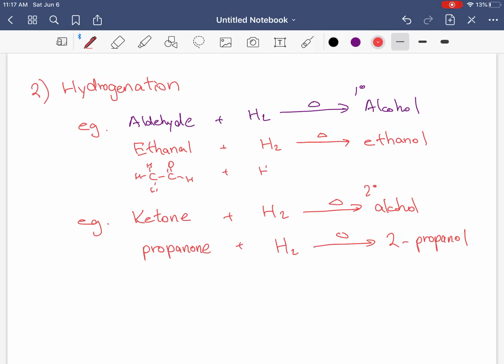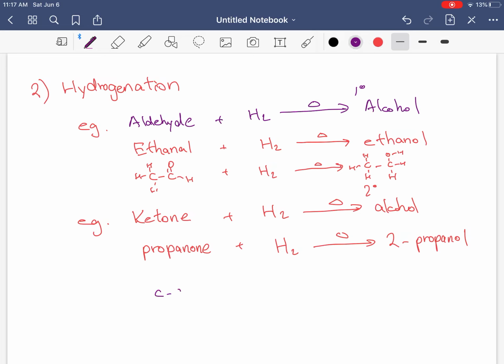Okay, if you take 2 hydrogen, and of course you would put 1 hydrogen here and 1 hydrogen here, you will have exactly what I say you're gonna have. You're gonna have a primary alcohol. Here's your ethanol.